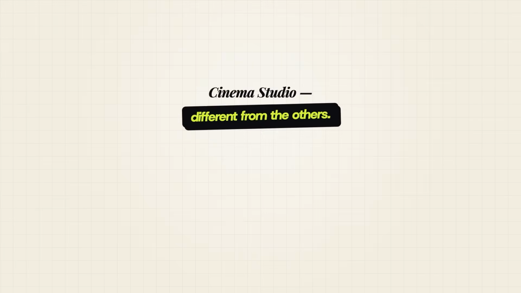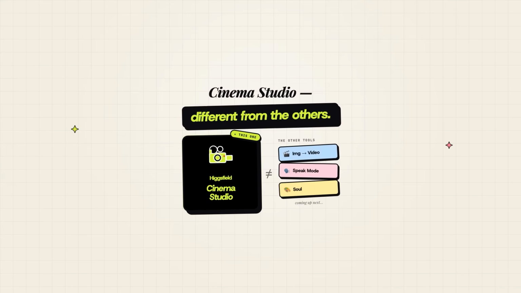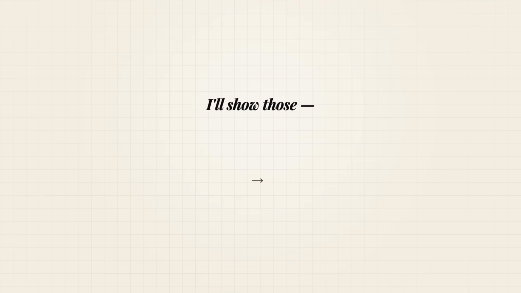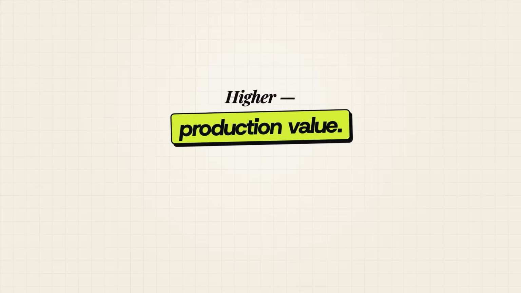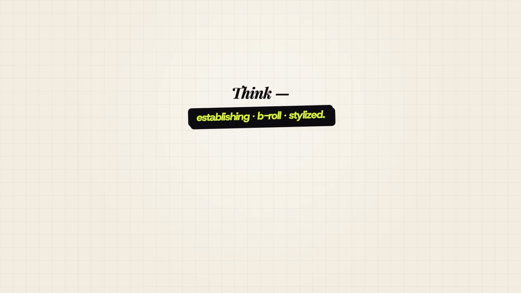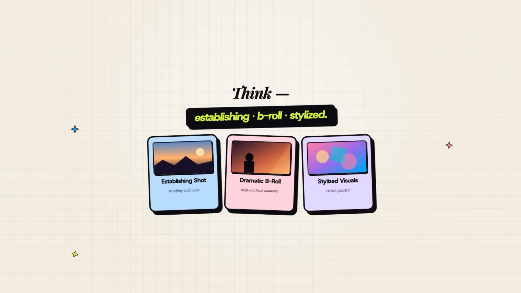Well, luckily, you now have Cinema Studio. And Cinema Studio is different from the other generation tools in this plugin. And I'll show you those in a minute, but Cinema Studio is specifically built for cinematic quality output. Higher production value, think of establishing shots, dramatic B-roll, stylized visuals.